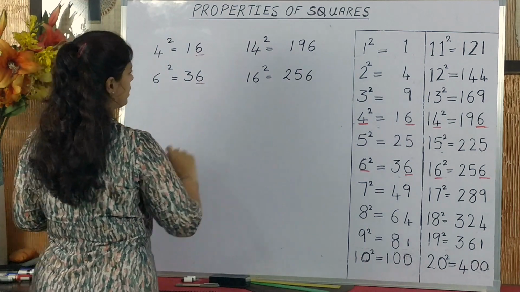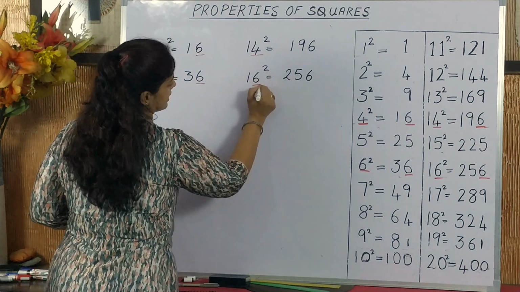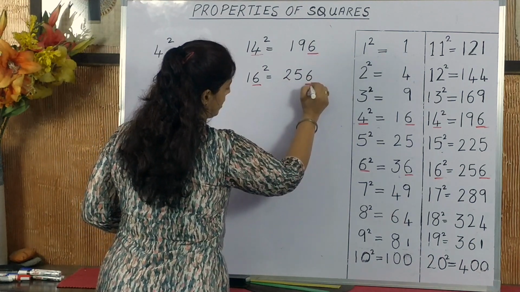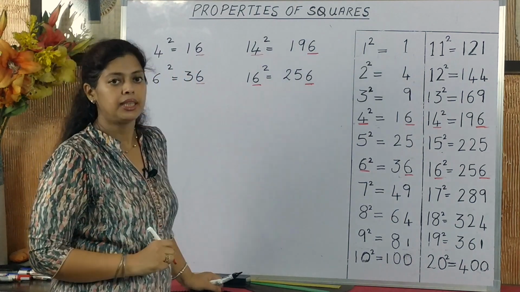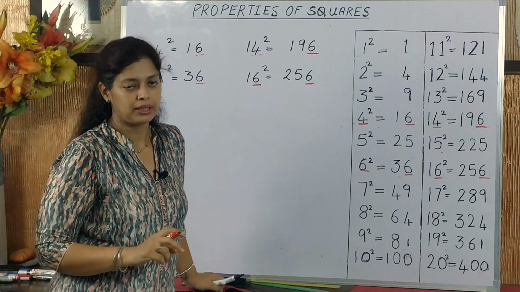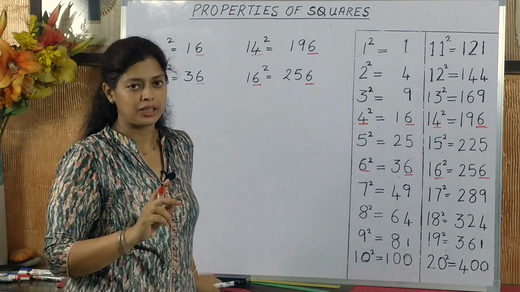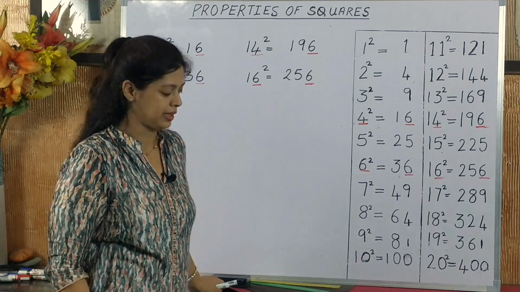So the original number here is having 4 and 6 in the units place, but the squares will always have a 6 in the units place. And this holds true for any numbers having 4 or 6 in the units place. Their squares will always have a 6 in the units place.